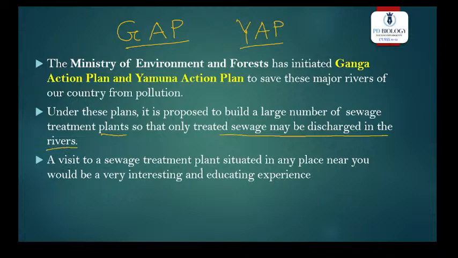A visit to a sewage treatment plant situated near you would be a very interesting and educating experience. So those living in Chittaranjan, on the way to BRS, you will find this type of treatment plant, and after taking permission, you are permitted to observe it.